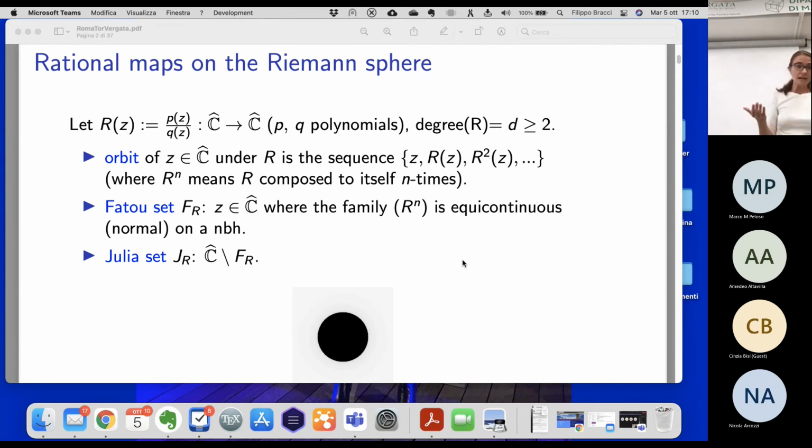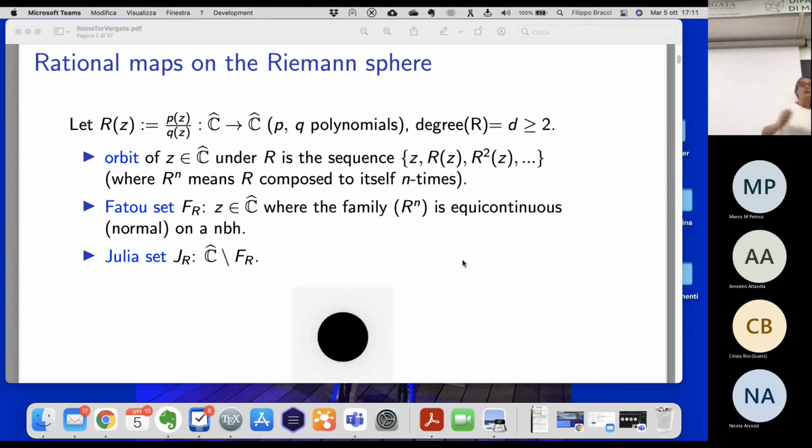We can take an example. The easiest rational maps are polynomials, so we can consider an easy polynomial of degree 2, P0 of zeta equal to zeta squared. The set of points with modulus less than 1, when we iterate, have modulus smaller and smaller, and they all converge to 0.